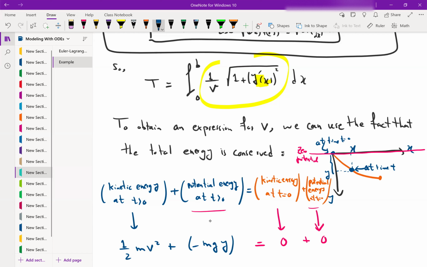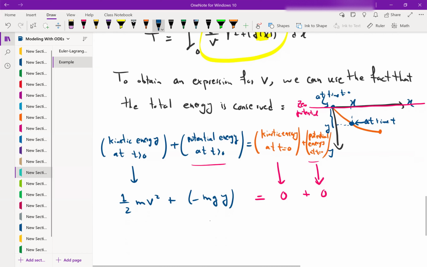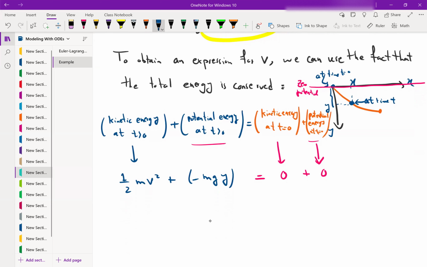But here we have a decrease in potential energy due to gravity. So what does this tell me? This tells me that 1/2 mv squared is equal to mgy, and obviously the m's cancel. This tells me that v is equal to the square root of 2gy. This is great.